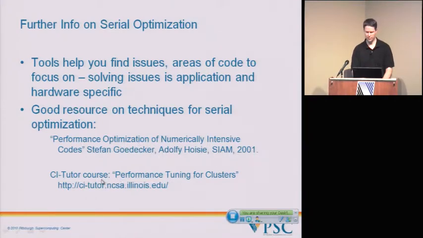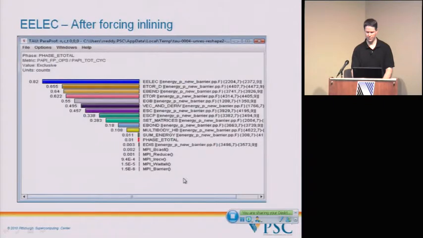Also, NCSA has a number of CI-Tutor courses on optimization. One is called Performance Tuning for Clusters, and that one also has a good introduction to the basic things you look at. If you found a region of your code that was important, that was getting very low floating point operations per second, you could also run with PAPI counters to look at cache misses and see if that's the problem. Most of the time it's something like that, where you're just having bad memory access patterns.